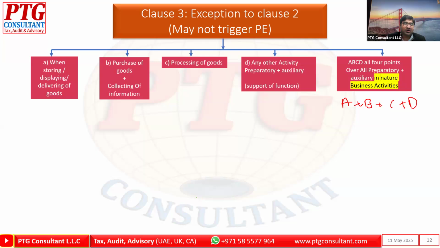Now, being professionals, we might say that if we split the activity, it may not fall under PE. But here it is saying that overall, the nature of the business activity must be preparatory or auxiliary. Preparatory or auxiliary is not an income-generating activity.